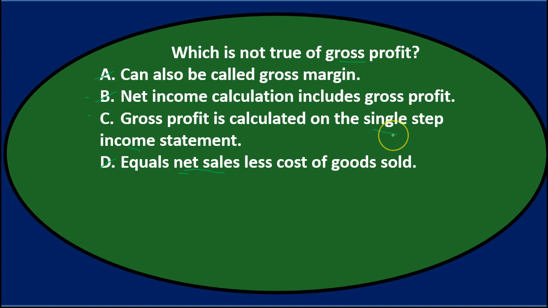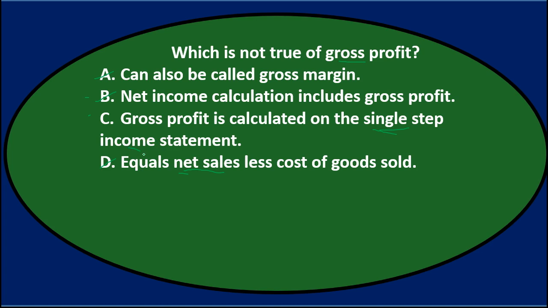So why is that not true? Well, it has something to do with the single-step income statement. And remember, single step as compared to a multi-step income statement. A single step we can think of usually would happen with a service company, which uses more of a single step income statement just because they don't have the components typically used in a multi-step income statement. Meaning they don't have merchandise, and therefore they don't have cost of goods sold. So all the expenses we can think of being grouped in one category. We can do that same type of thing for a merchandising company, grouping all expenses, including cost of goods sold, into one category, into a single-step income statement, providing much less information.